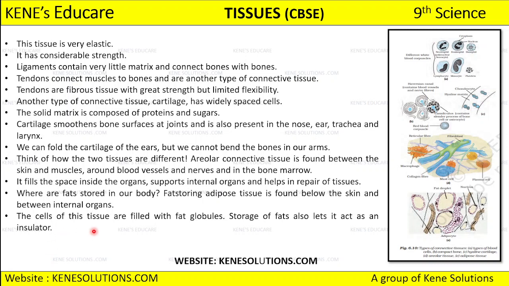So the cells of this tissue are filled with fat globules. तो ये जो tissue है, एडिपोज टिश्यू का जो सेल्स है वो किससे फिल्ड होता है? That is filled with the fat globule. Okay, so storage of fat also lets it act as an insulator. तो ये जो फैट का स्टोरेज हो रहा है, that also acts as an insulator there.